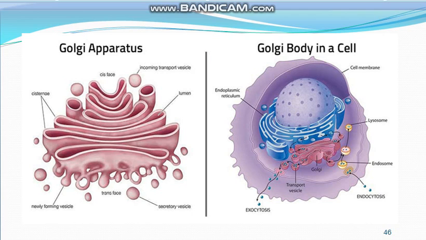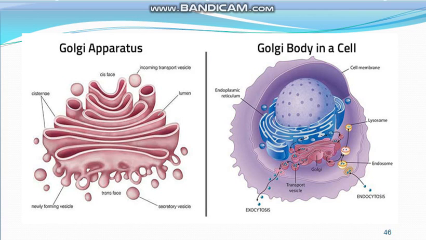Then they enter the lumen of the cis phase, that is the cisternae of the Golgi complex, and this process goes on. And then the maturing phase or the trans phase is the discharging end of the Golgi complex. So this is the discharging end, and the cisternae keep breaking up into secretory vesicles and then vacuoles at the maturing phase to reach other locations of the cell, and then they fuse with the cell membrane, releasing their contents outside the cell.